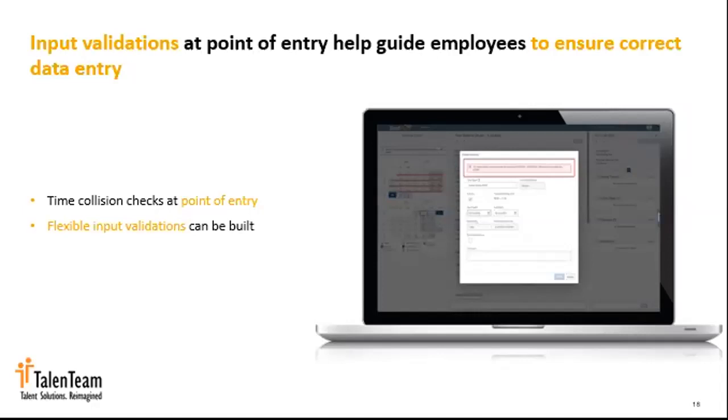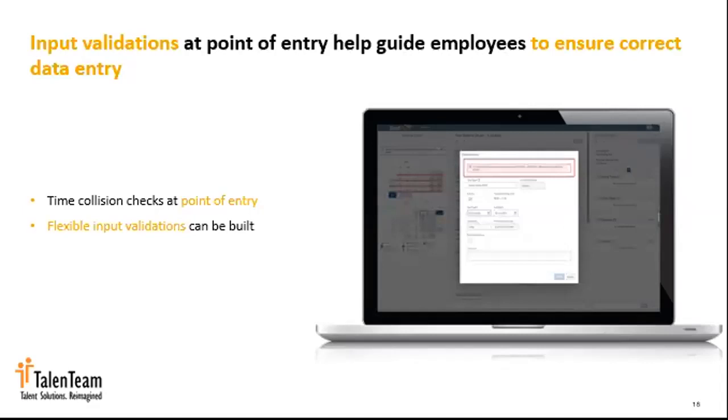Such validation rules can be incorporated within Timesheet, which is the time tracking system, and we can also have all these validation messages in time off as well. It is purely based on the customer requirement.